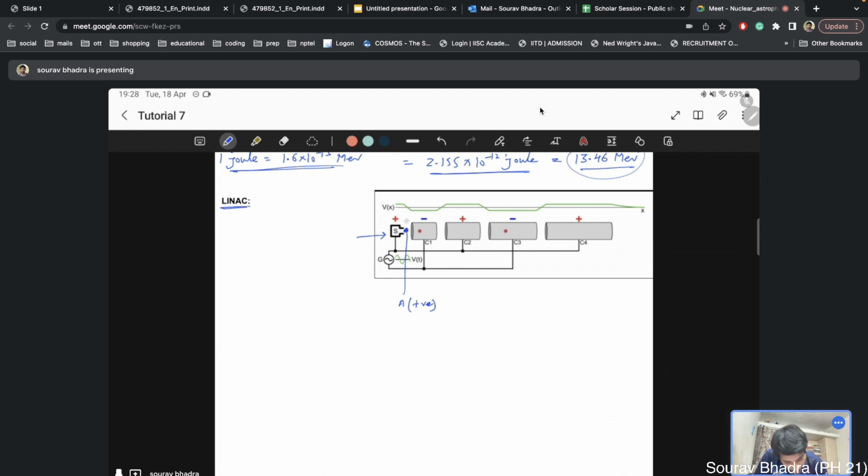After some time, the particle comes to this point after some acceleration in the first gap. Then when the particle comes out of C1, after some time the polarity will be changed. Suppose roughly I am drawing the particle after some time in this position.